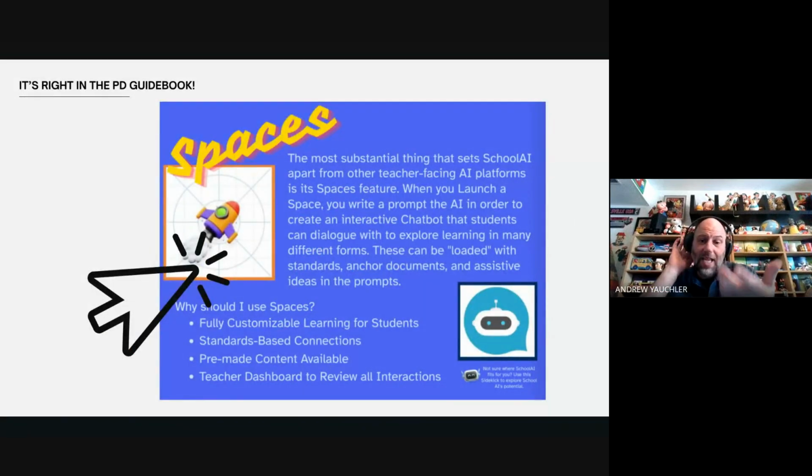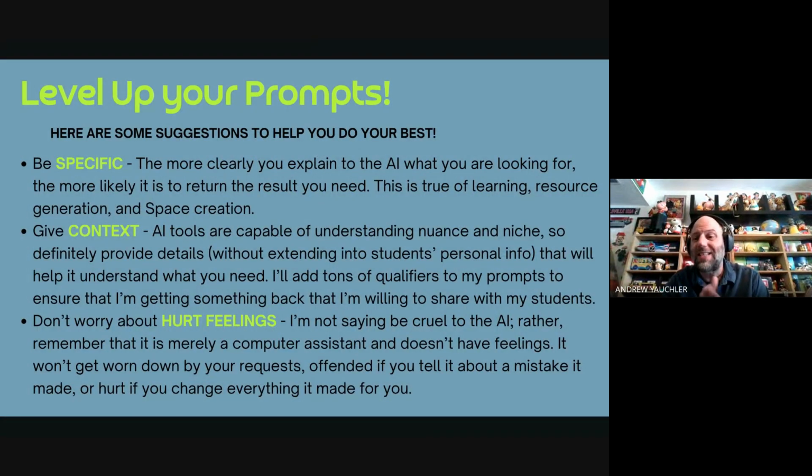It is right in the PD guidebook, and there's walkthroughs in there. So this is some quick information about how you're going to want to think through prompting. Now, obviously, that space designer, that assistant that will help you write it, is also going to ask some of these things. But if you're just working in general, not even for spaces, but in AI in general, working with Gemini, working with Notebook LM, the first and most noteworthy one is to be specific.